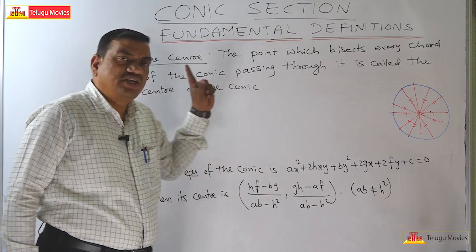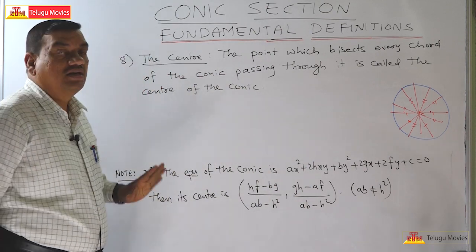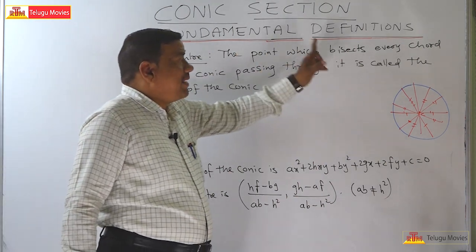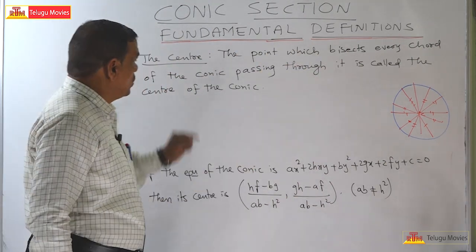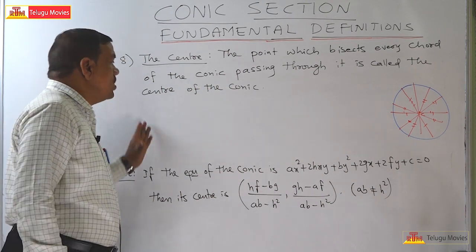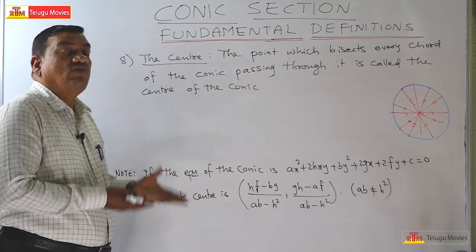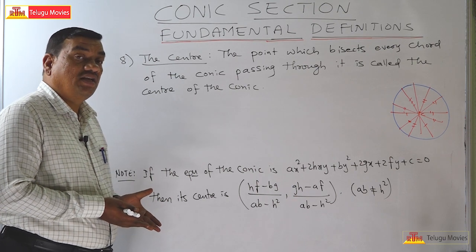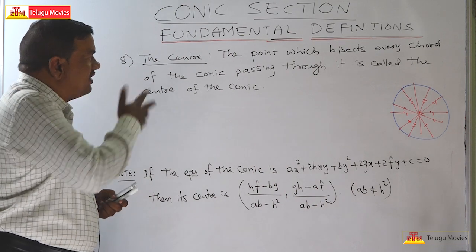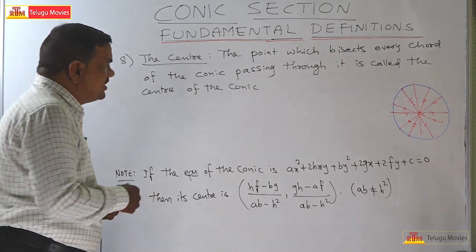The same definition applies to any conic. The point which bisects every chord of the conic passing through it is called the center of the conic. In place of conic, if you put the circle, the definition of the center of the circle will come. Let me explain here. Let us take any conic.